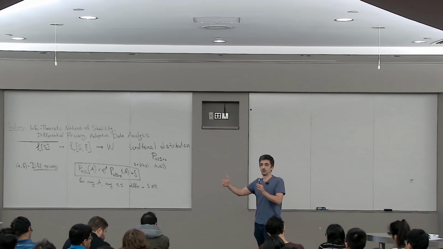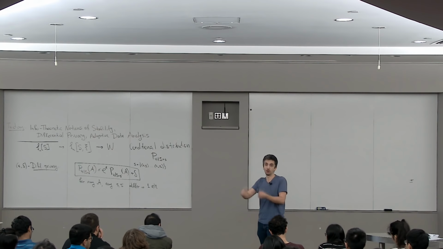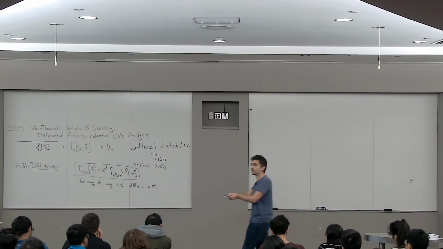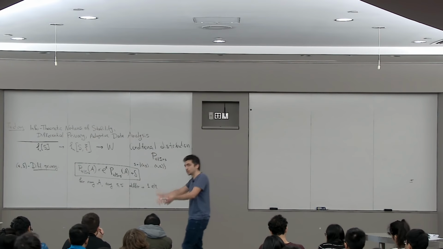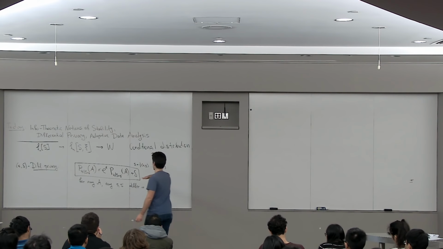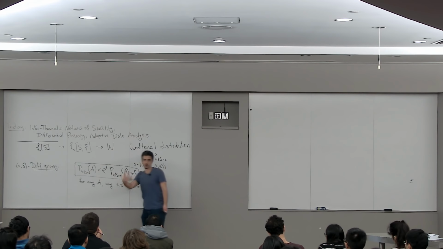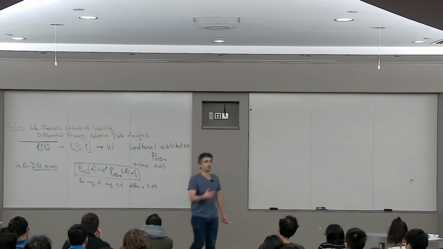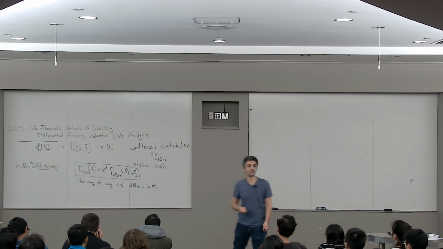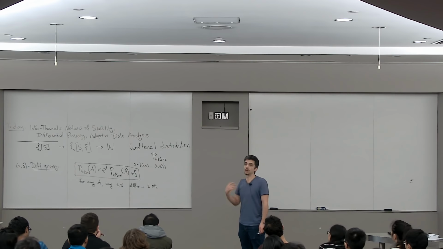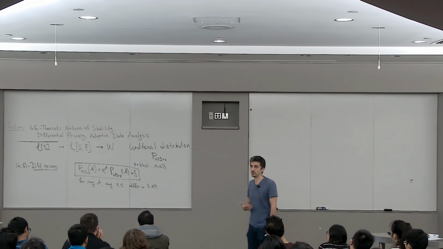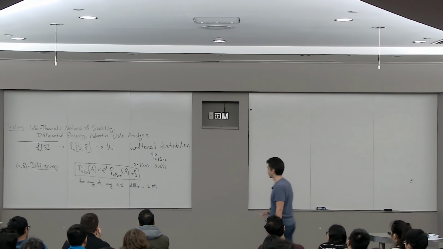They talk about the distributions rather than the outputs themselves. So it's not that the output is the same, but the distribution of the output is the same. In this way, the distribution of the algorithm doesn't change too much upon the change of the data set. But the intuition and the motivation is very much the same as 20 years ago.